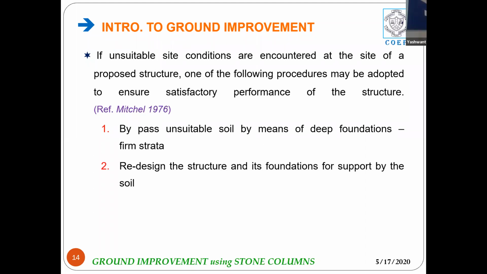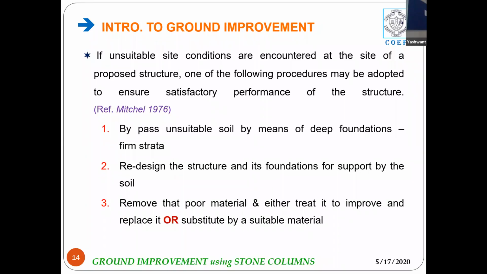The second one is to redesign the structure. We'll have to redesign the structure and its foundations so that, whatever the existing strength of that particular soil is, it can withstand the superimposed load after this structure comes into existence.